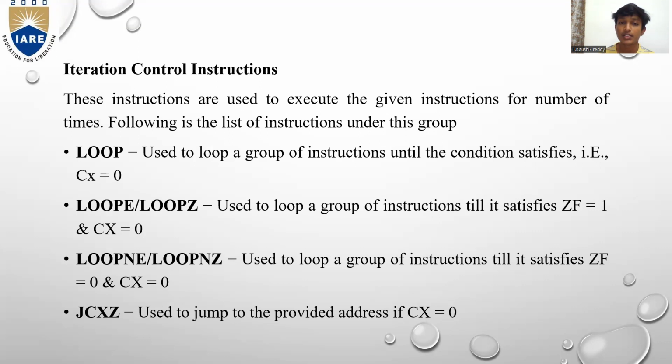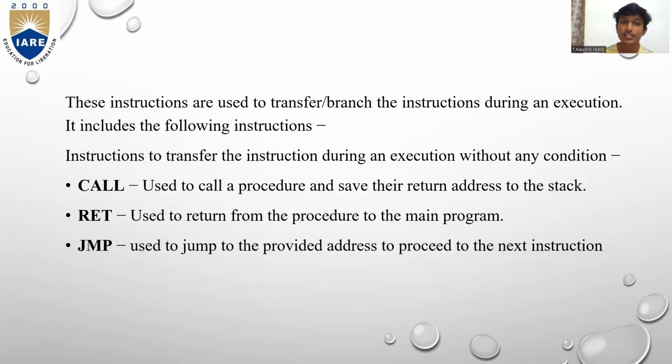Next, iteration control instructions. These instructions are used to execute the given instructions a number of times. Following is the list of instructions in this group: LOOP is used to loop a group of instructions until the condition is satisfied. Next, these instructions are used to transfer or branch the instruction during execution, without any condition: CALL, RET, and JMP.